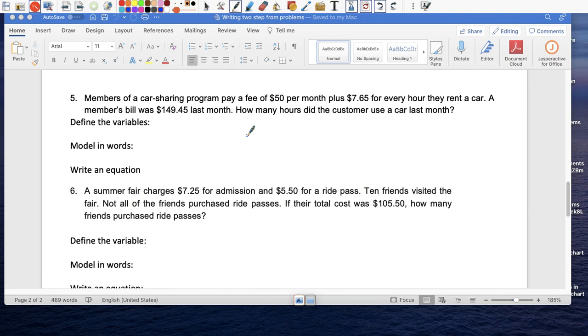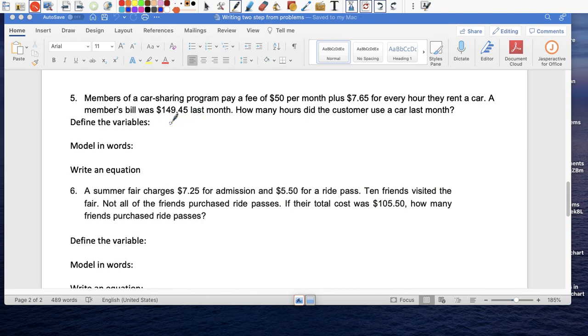You pay a monthly fee of $50, then you log in to a website and they say, here is a car that's available for you. For every hour you use it, you pay $7.65. Might sound cheap, but don't forget I already paid $50, and I only pay that once every month.